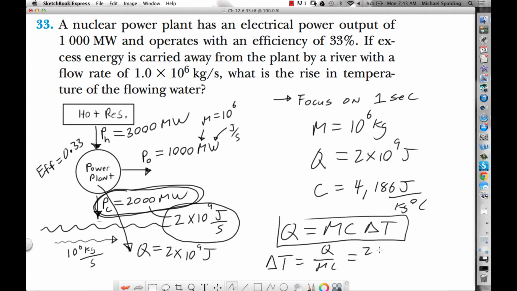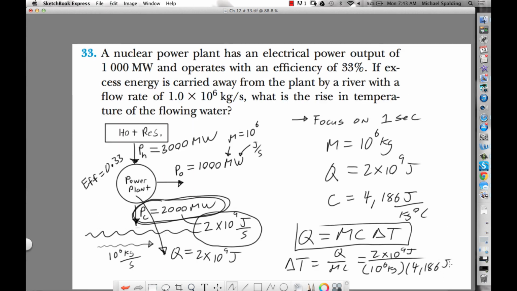The Q is 2 times 10 to the 9th joules. The M is 10 to the 6 kilograms. And then the specific heat is 4,186 joules per kilogram degree Celsius. So you punch that into your calculator and you get a delta T equal to about 0.48. Ba-bam.